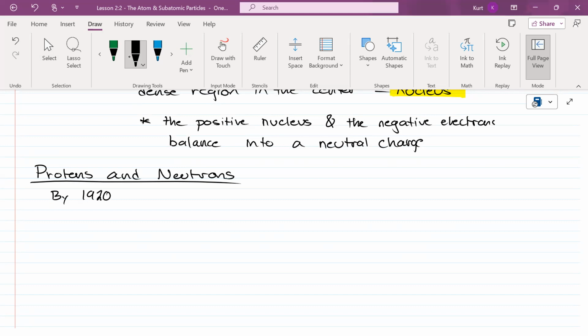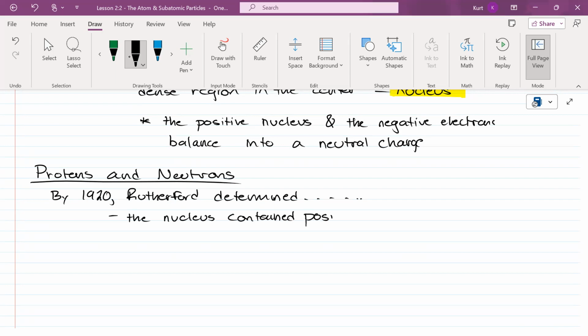By 1920, nearly 100 years ago, Rutherford determined the nucleus contained positively charged particles called, what were they called, fourth period? Protons.